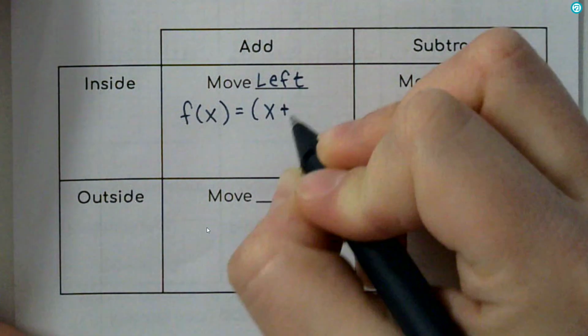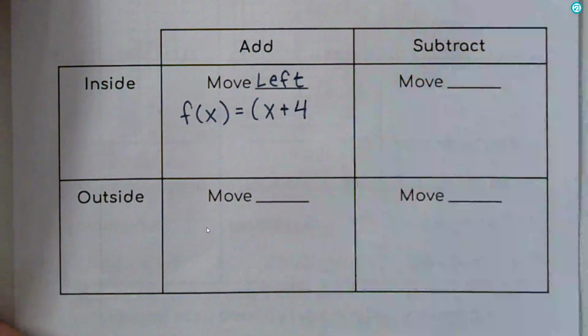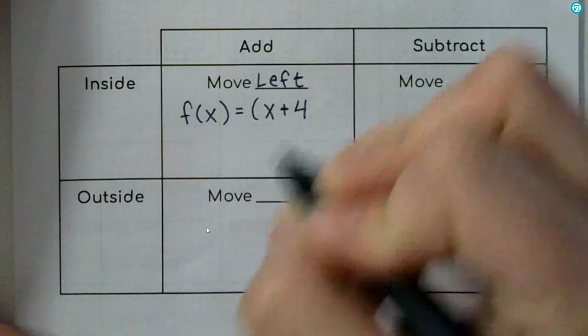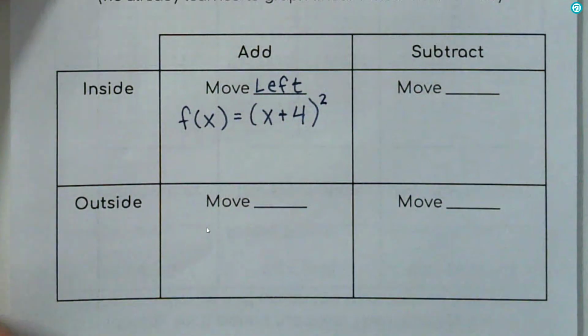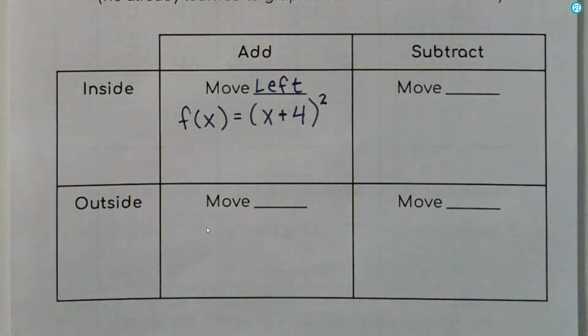Okay. X plus 4. Close your parentheses and square it. So that would be us adding 4 inside of our function. So we're adding it to the x. That will move us left. That will move us left 4.